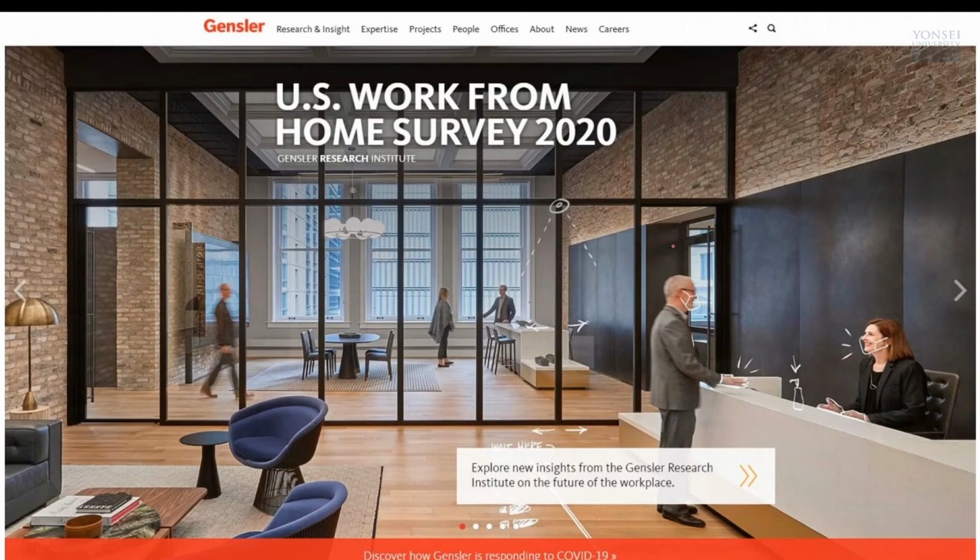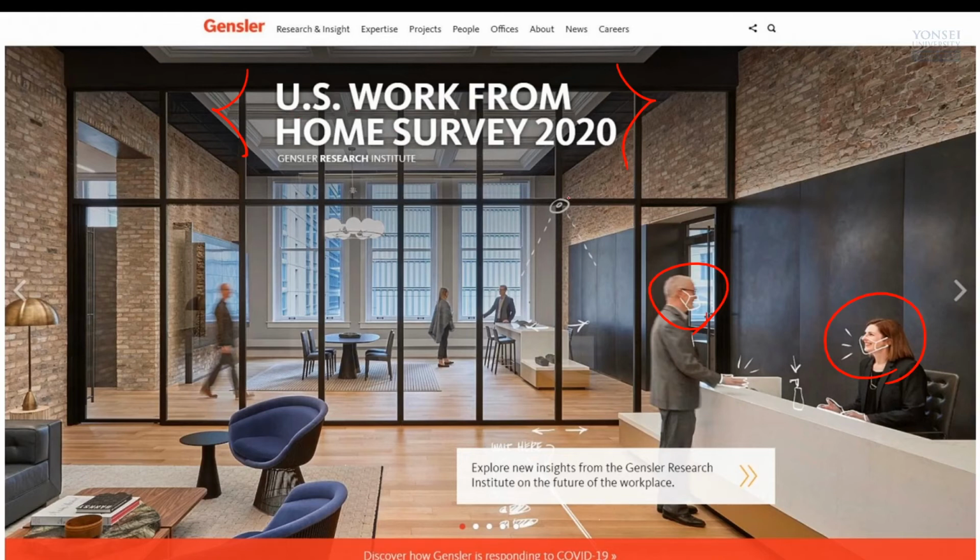A couple of months ago, at that time they put this mask on the face, because of this COVID-19 problem, their workspaces temporarily shut down, but nowadays they have reopened their workspaces, libraries, even Disney World, and so on. Anyway, the US work from home survey.